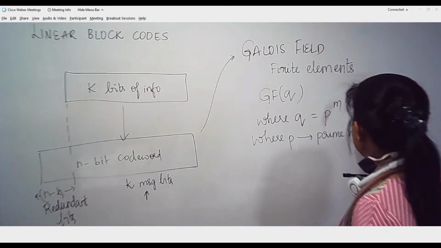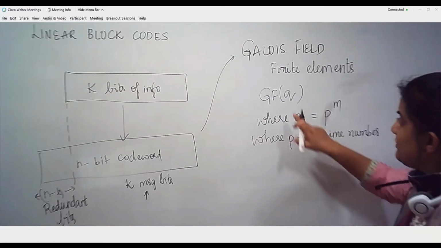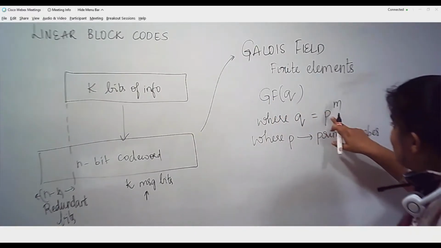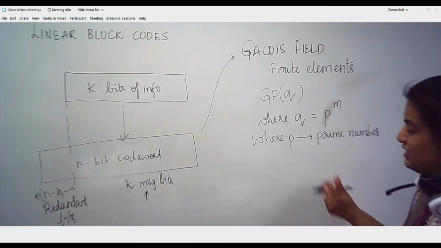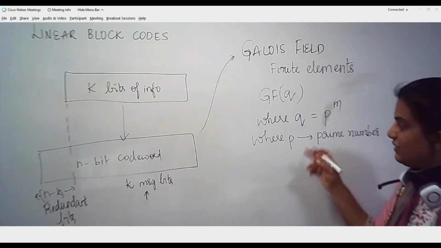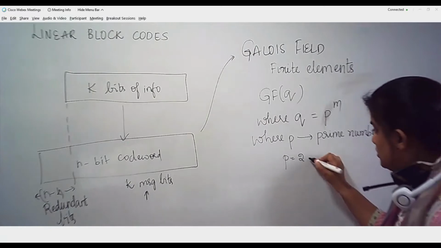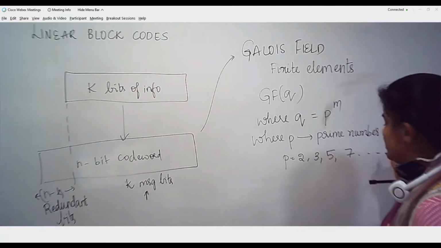So this Galois field consists of the elements derived from the set Q, where Q is defined as P^M and P is a prime number. The minimum prime P can take is 2: 2, 3, 5, 7, and so on.